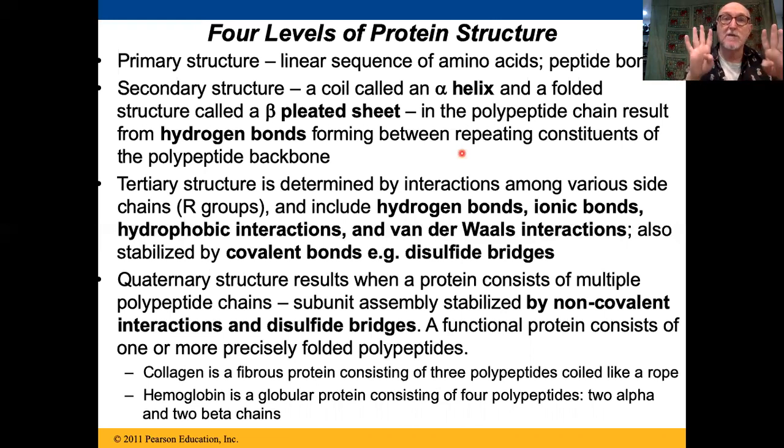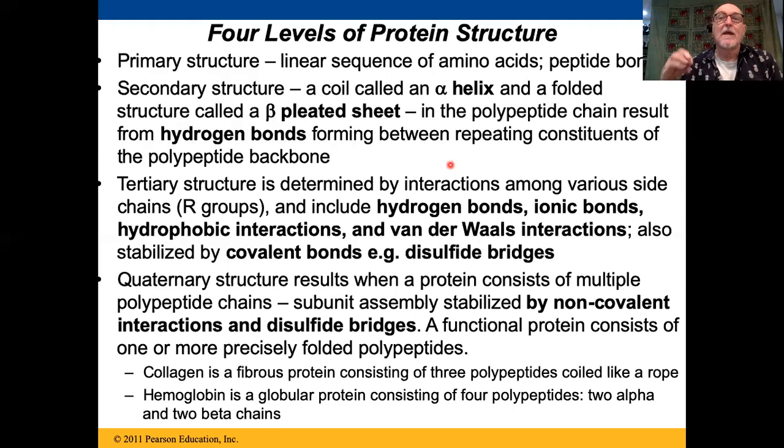That's the three features of the secondary structure: alpha helices, beta sheets or beta pleated sheets, and then nothing, a hinge area which doesn't have any secondary structure. And remember, those are all formed because of repeating constituents of the backbone that start to interact with one another.